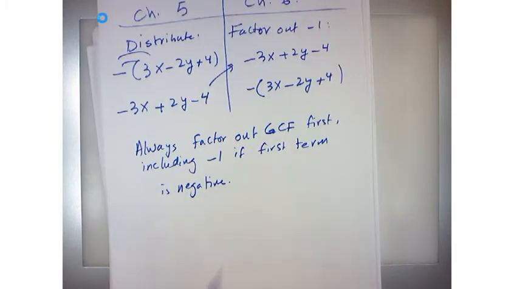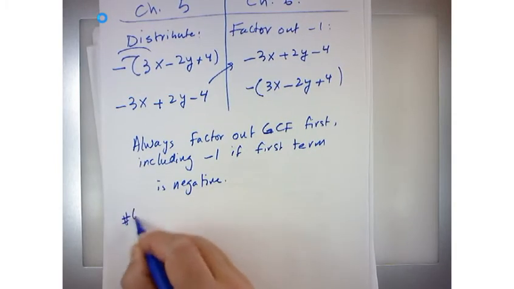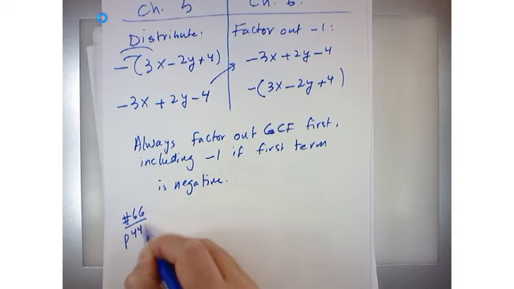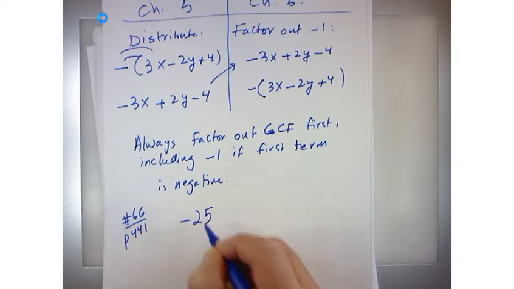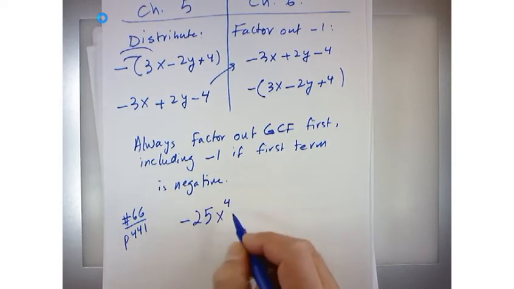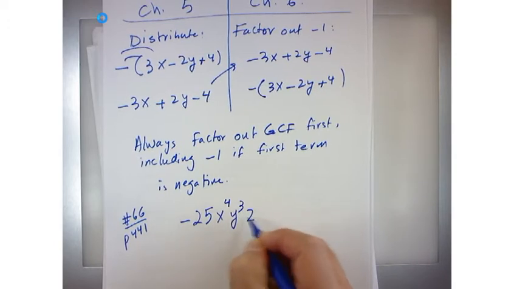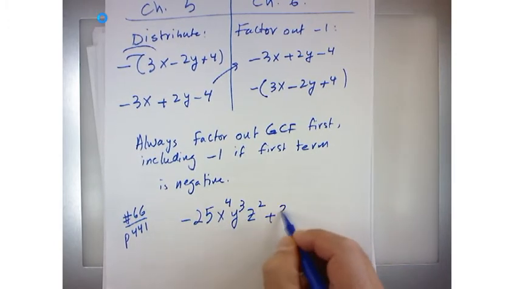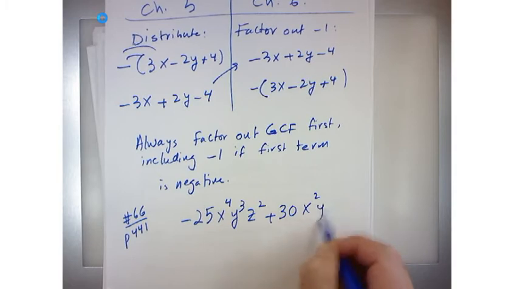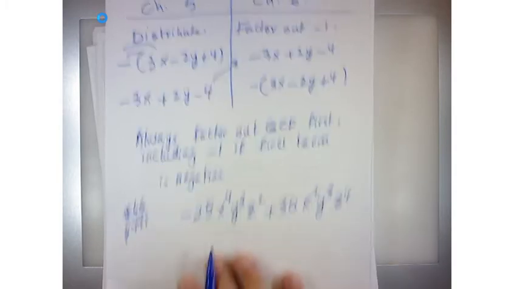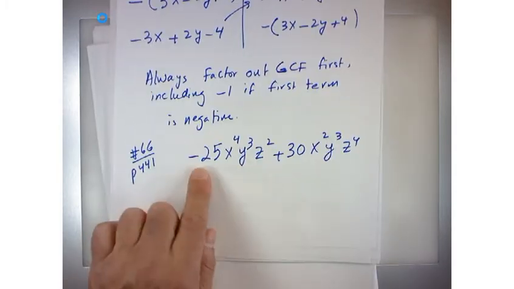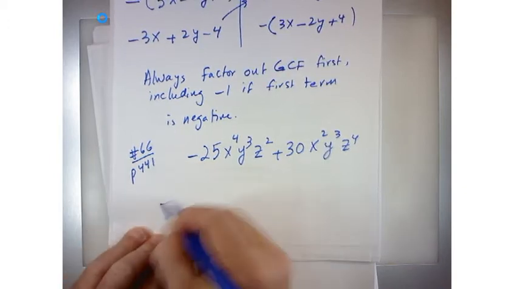So for example, number 66, page 441 in your text: negative 25 x to the 4 y cubed z squared plus 30 x squared y cubed z to the 4. So as soon as I see a negative in front of the first term, that's going to come down.